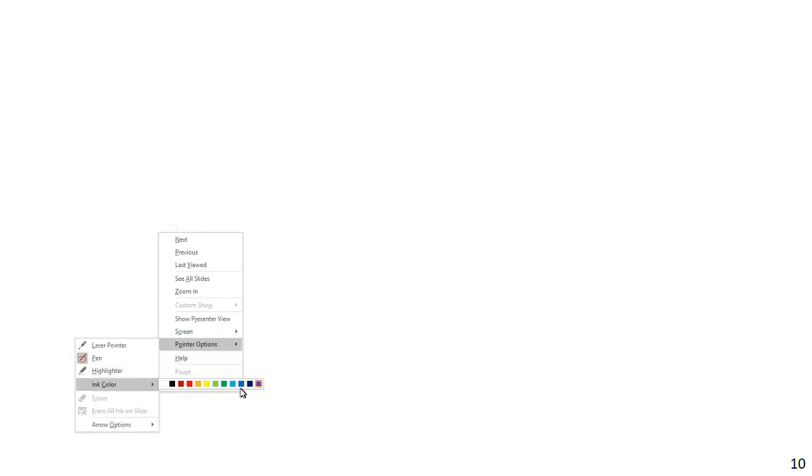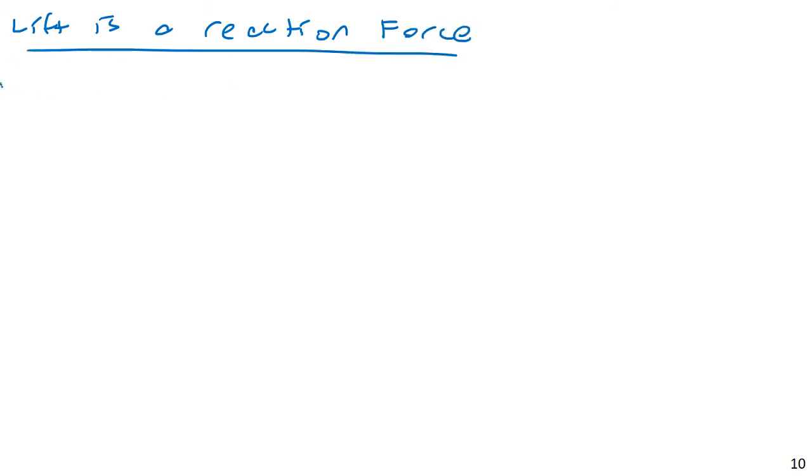You obviously don't get lift unless you have fluid being deflected in a certain direction. That is always key to keep in mind, that lift is a reaction force. I want you to always keep that in mind, regardless of how you see it explained.